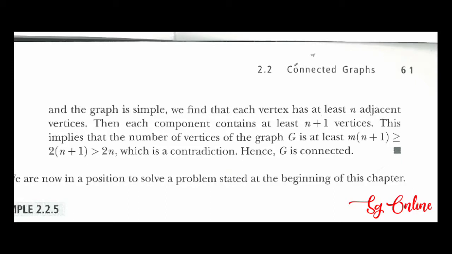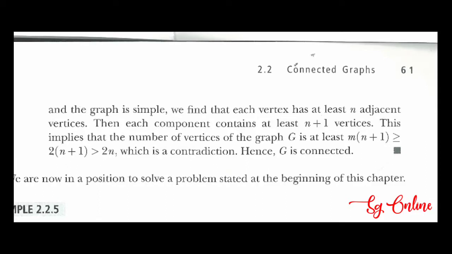It is very simple to understand that if we take a component and a vertex, since the degree of each vertex is at least n and the graph is simple, there is no question of loops and parallel edges, so there must be n other neighbors of that vertex, and in that component the number of vertices is at least n plus 1.